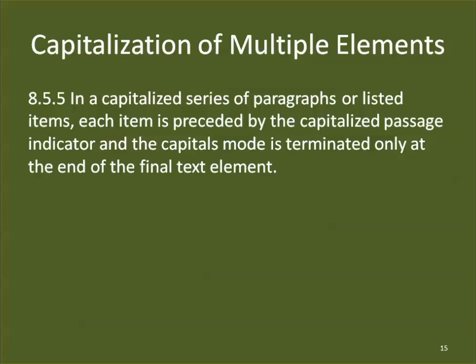So here the elements might be each paragraph or each item in a list. And each of those things are going to be capitalized individually, but we're not going to start and stop each paragraph or each item. We're just going to start to tell the reader, yes, capitals are still ongoing, and we end it at the very end of whatever this passage is.